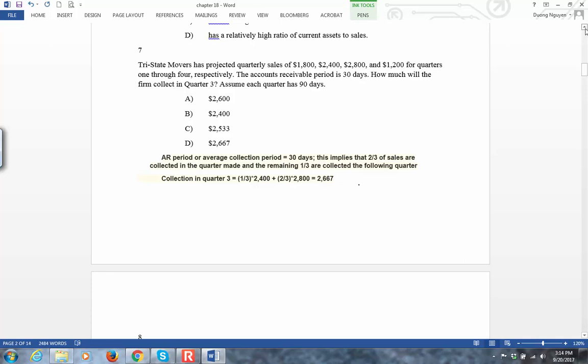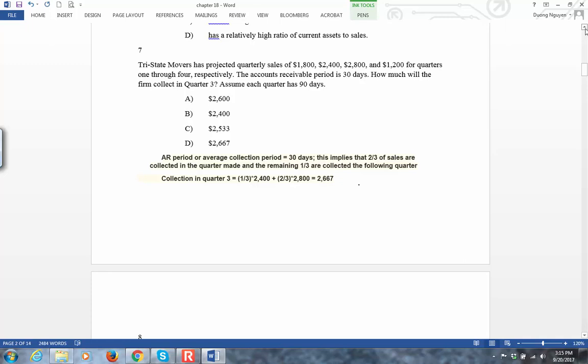So if the account receivable period is 30 days, meaning 2/3 of the sales are collected in the current quarter, and 1/3 of the sales will be collected in the following quarter, because account receivable collection period is 30 days. So in a quarter, 2/3 will be collected in the same quarter, and the remaining 1/3 will be collected in the following quarter.